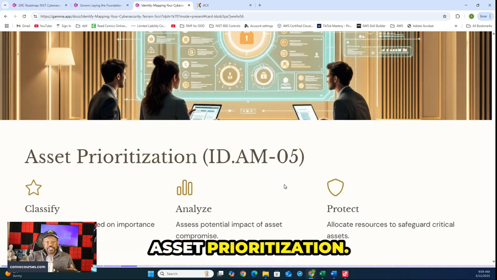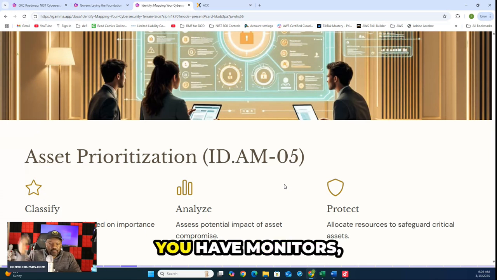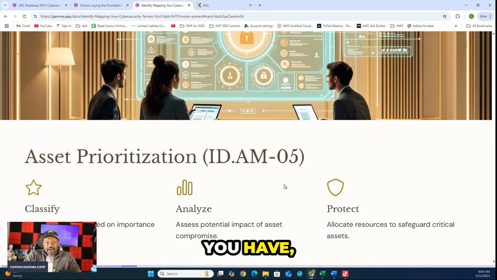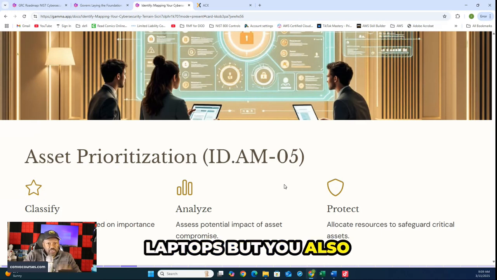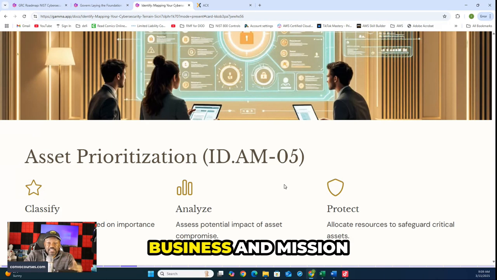Asset prioritization. Not everything is equal in your environment. For example, you might have peripheral systems like monitors. You have some laptops, but you also have servers, and these servers are central to the business and mission functions that you have in your environment.